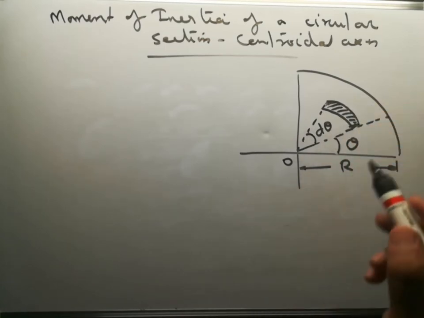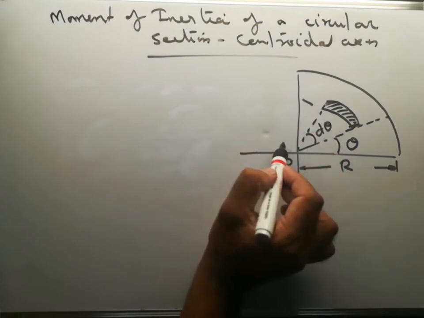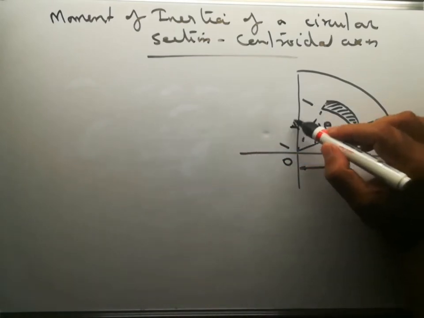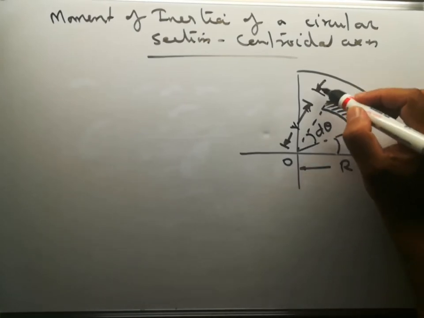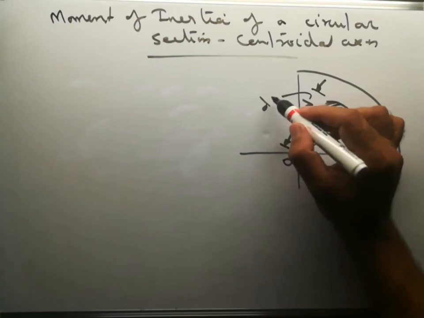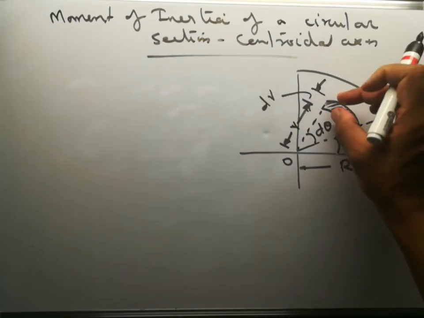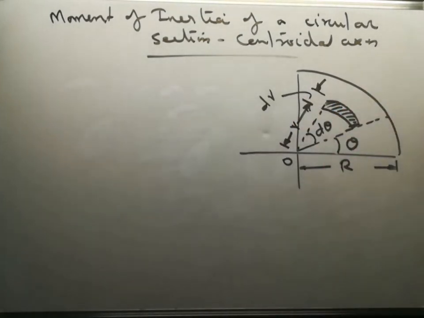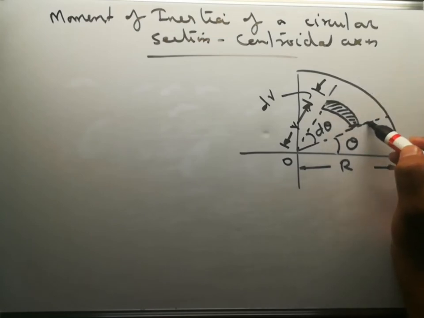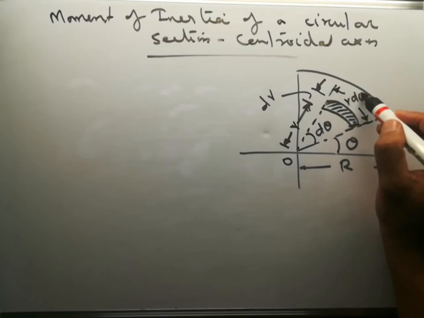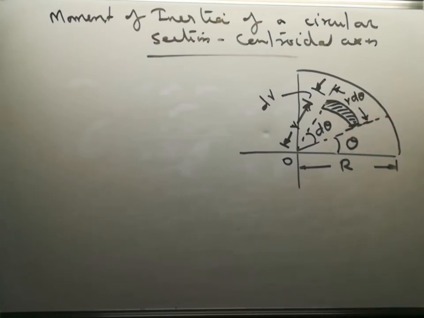Let this distance be r, and this be dr. That is, the thickness of this small area is dr, and we know if d theta is in radians, this distance will be r d theta.